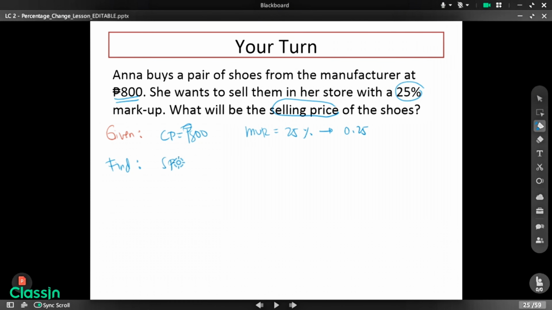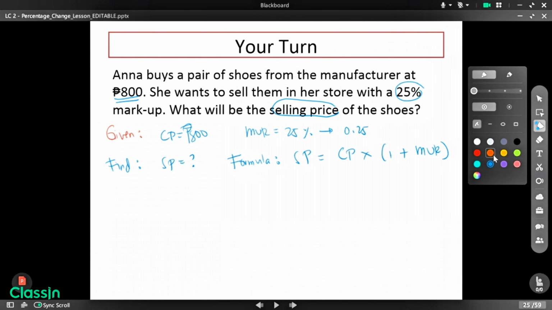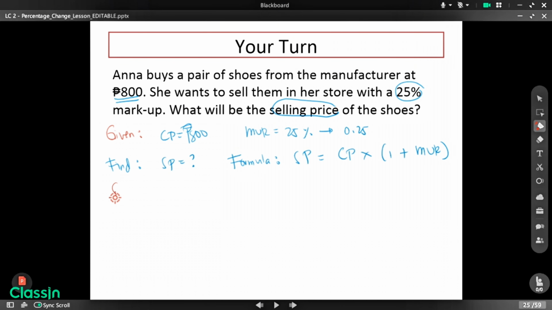So what are we going to use? The formula that we are going to use is selling price is equal to cost price times 1 plus the markup rate. Now let's solve the problem.